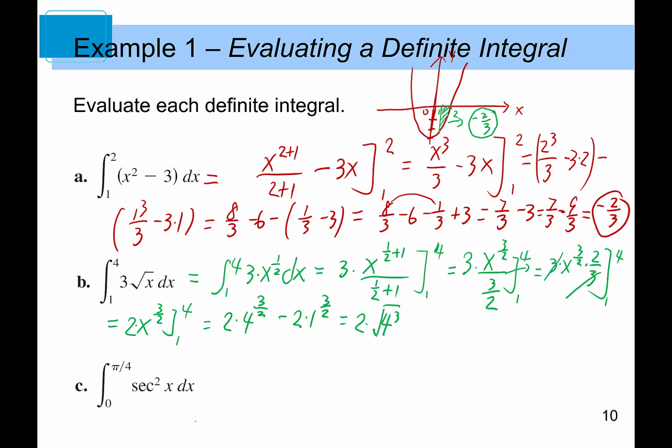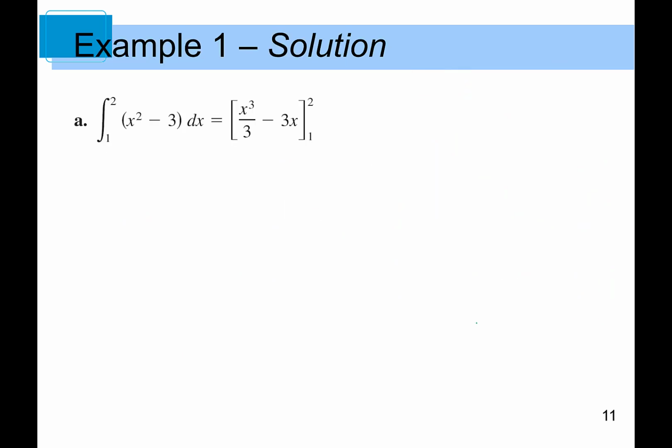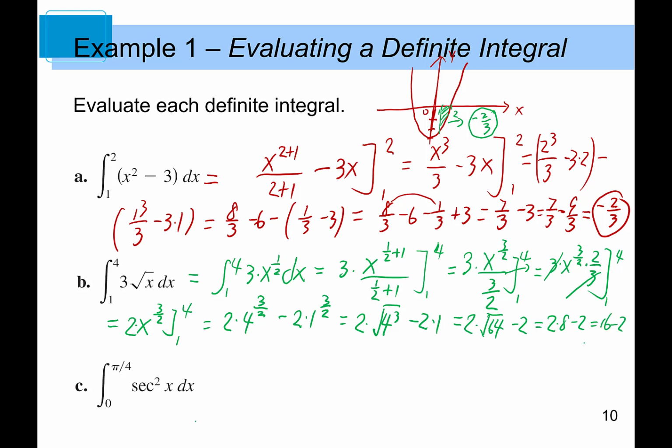That's how you turn the exponent into a root. And 4 cubed is 64. So the square root of 64 is 8. 2 times 8 minus 2. That's going to be 16 minus 2. That becomes 14. So the area under the curve for this function is 14.